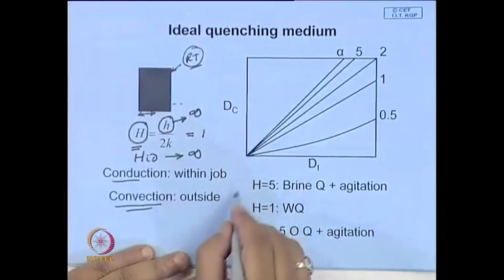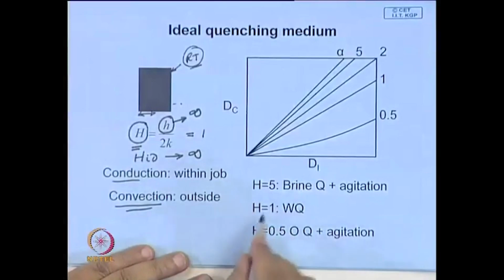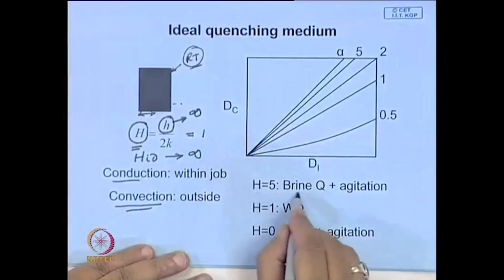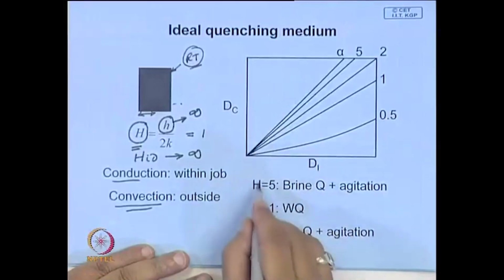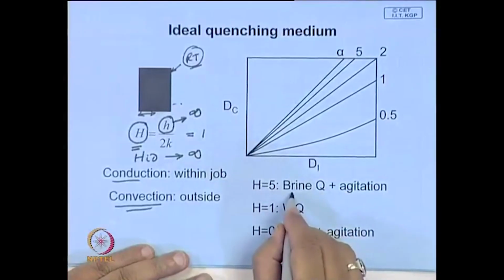People have done actual experimental measurements to find this out. For example, in a brine quench, if you put some salt in water, then the quenching rate becomes much faster.